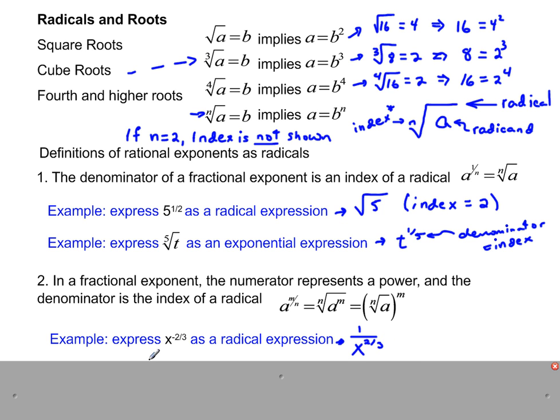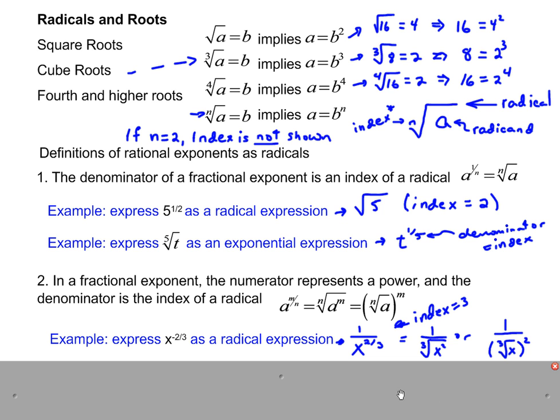But in that fractional exponent, the index here is 3, and 2 is the power, so we could write this as 1 over the cube root of x squared, or using our second kind of notation, we could write this as 1 divided by the cube root of x, quantity squared.